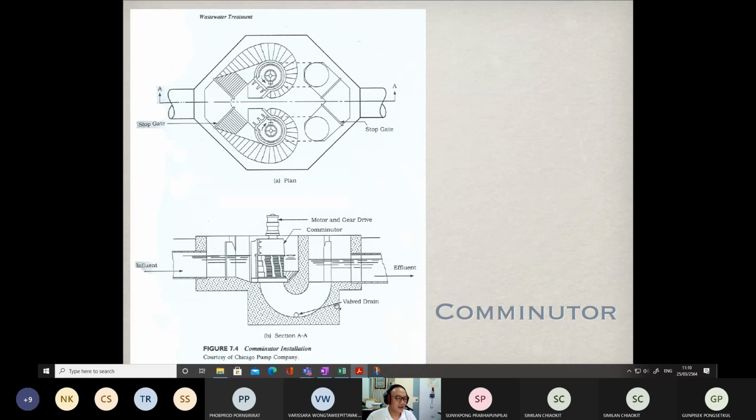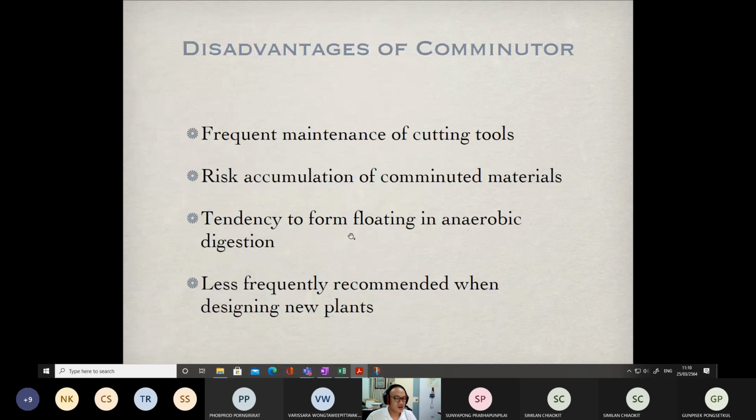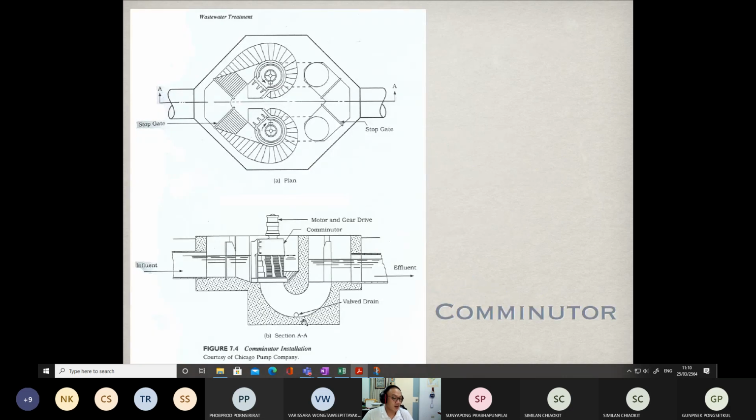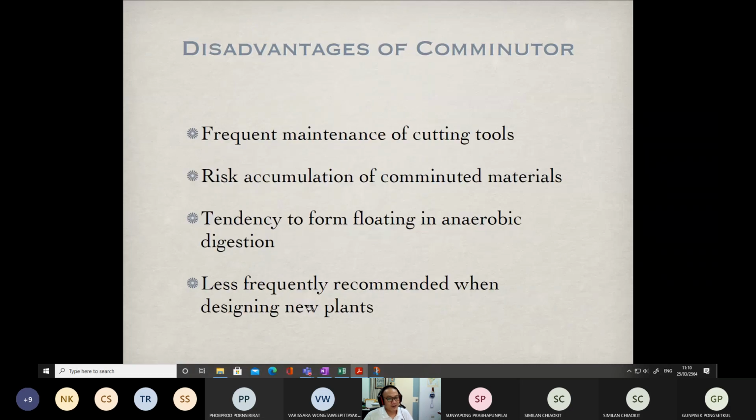It may cause an unpleasant smell, or cause conditions called anaerobic digestion in this part of the chamber, which is actually not good. That is why we are trying to avoid using it, especially for larger plants.